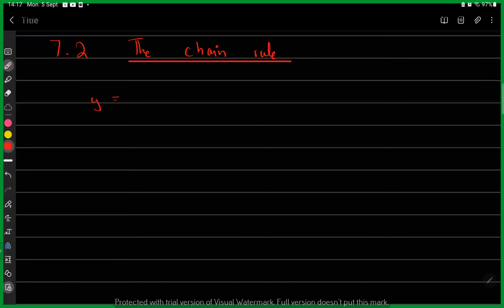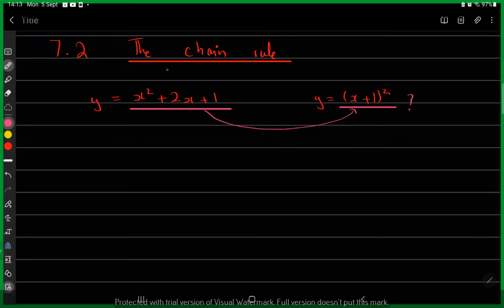So far we know how to find the derivative of expressions like y equals x squared plus 2x plus 1, right? But what if I write down y equals (x plus 1) whole squared? How do we differentiate this? This thing is exactly the expansion of this, right? So we know how to differentiate this.